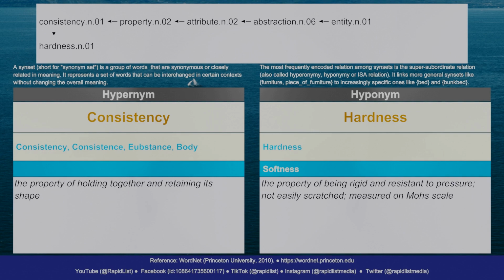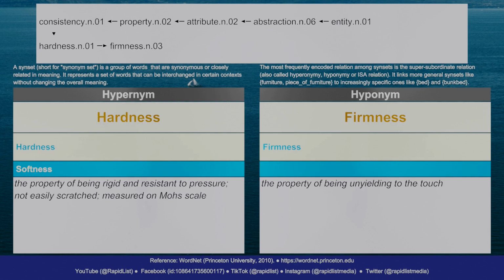Hardness. The property of being rigid and resistant to pressure, not easily scratched, measured on Mohs scale. Firmness. The property of being unyielding to the touch. Incompressibility.